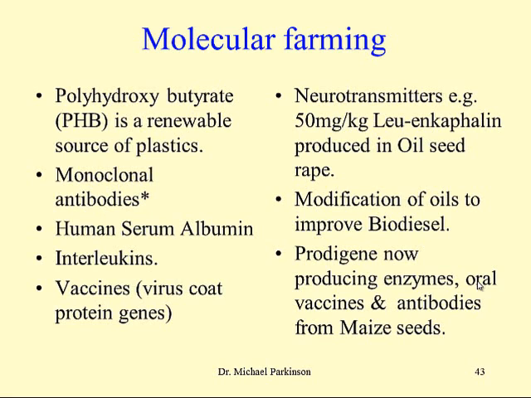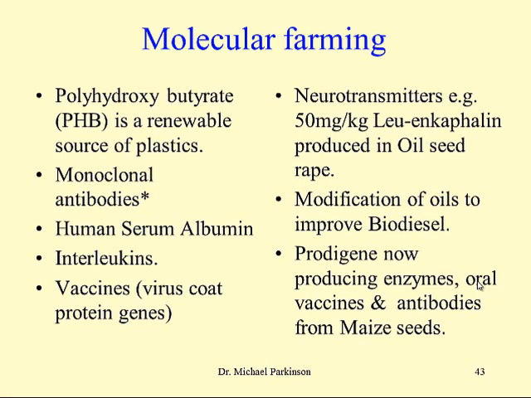And it's a problem with all diesels, but particularly with biodiesels. But you can change the ratio of double and single bonds in your biodiesel to affect the gelling temperature.